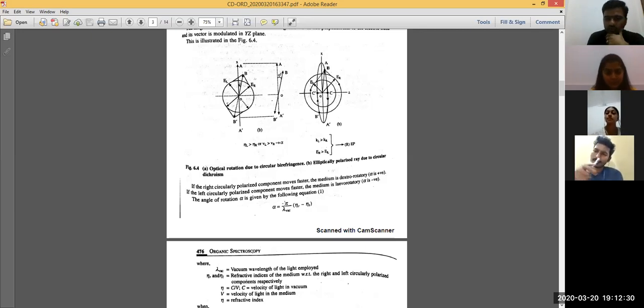So pi over lambda, why is pi there? If you go back a little to your mathematics, you had the measure of angle in terms of radians as well as in degrees. There's something called radians and there is something called degrees.